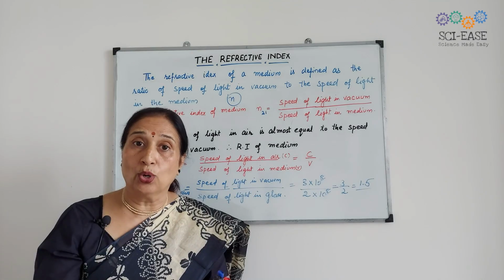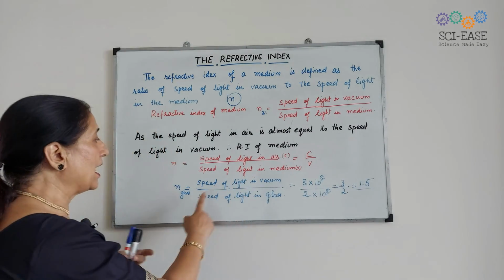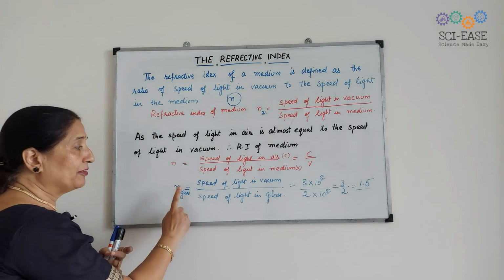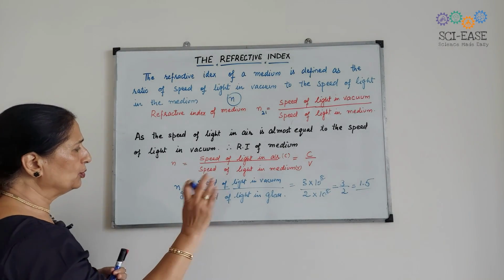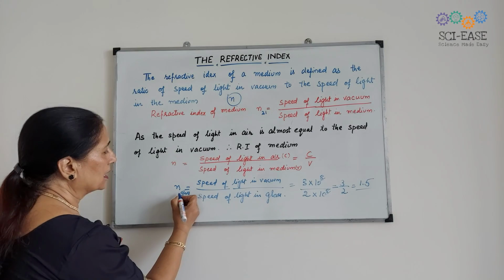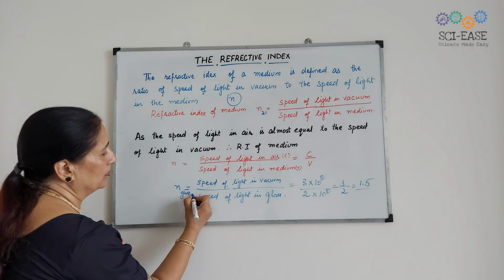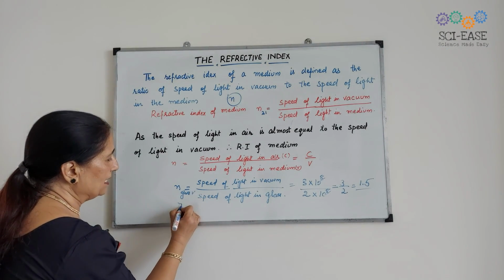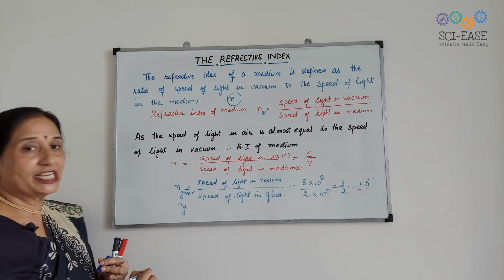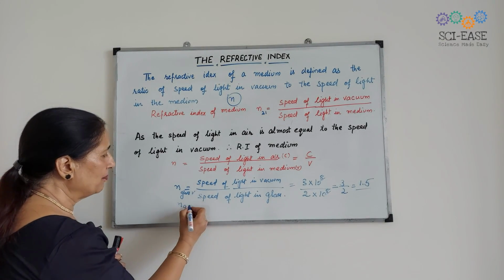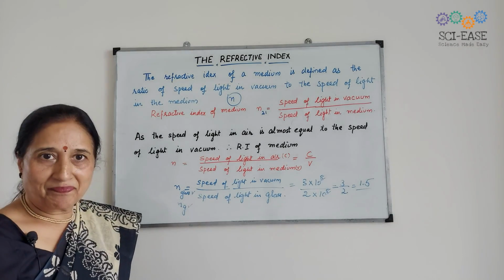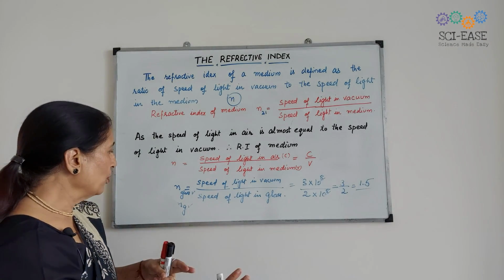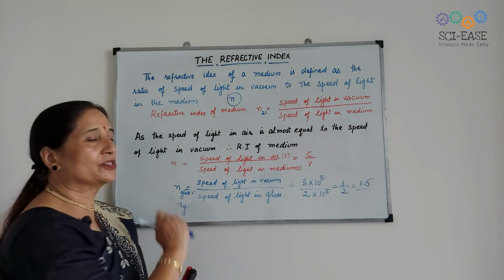You should know how to calculate it, and I have taken this one example. You need not write glass and vacuum V; for glass you will write Ng. In some books it's written like this, NGV, but in some books only Ng is written.